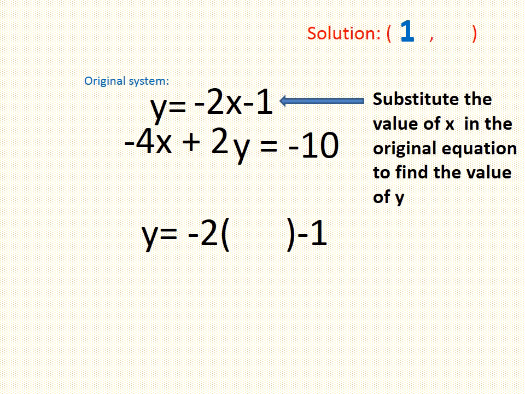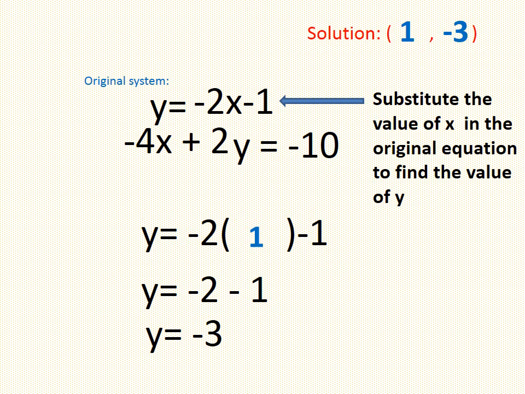So I'm going to substitute 1 in the original equation, y equals negative 2 times 1 minus 1. The answer is going to be y equals negative 3. And negative 3 is the y coordinate of the solution for this system of equations.